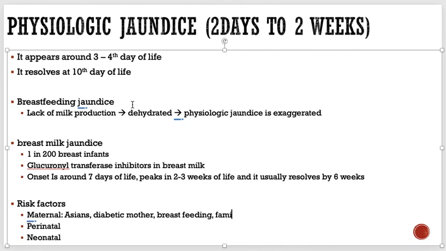If someone has a family history of physiological jaundice, or any complications during pregnancy. Then neonatal and perinatal risk factors: any baby who has birth trauma, of course, it can lead to cephalohematoma, or prematurity. So whenever these risk factors are there, of course, they have an increased chance of physiological jaundice.